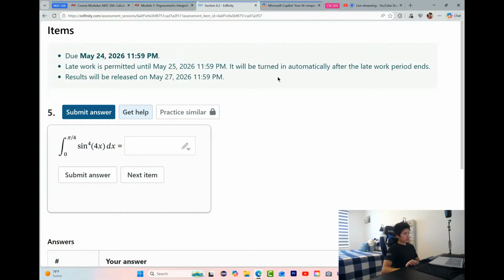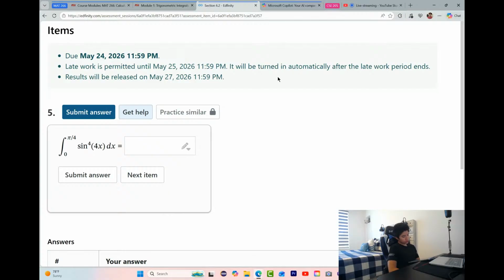I don't want to be stuck in this forever, but I do want to think about these problems very well. Oh, wait, I think we can just do the power rule or something, right? First of all, what will our antiderivative be? The antiderivative of, oh wait, but we have sine to the power 4. Does that still apply? No, we can't use a power rule there, of course.